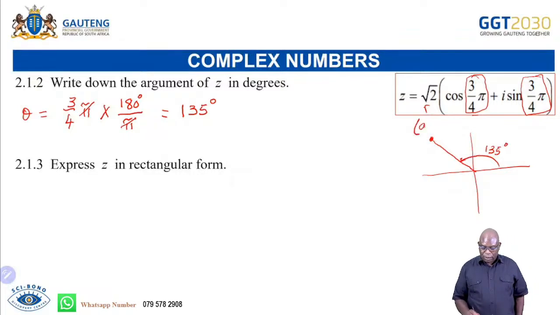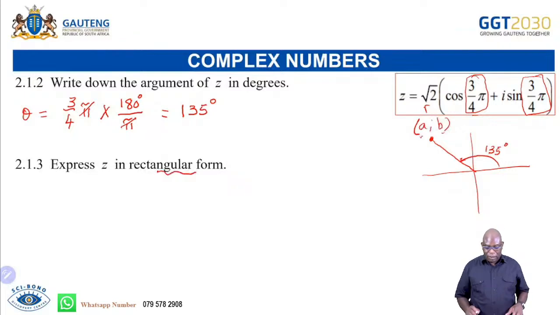If that point is A and B, obviously I know that the A will be negative and the B will be positive. So when I express this in rectangular form, I must also see that my B must be a positive number, my A must be a negative number. If that is not the case, then I know immediately that there's something wrong that I've done somewhere.